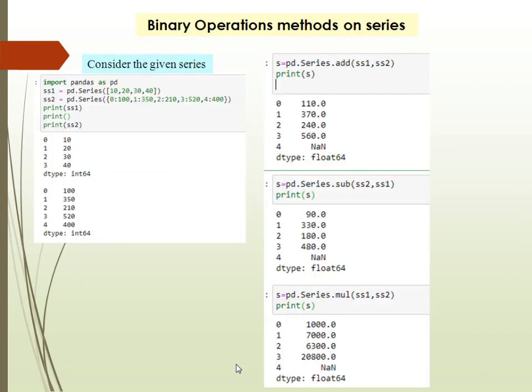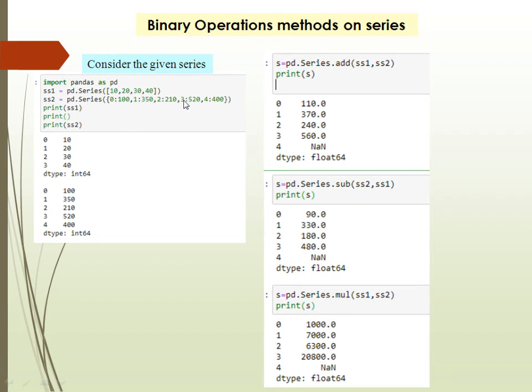Next is binary operation methods on series. Listen children, now we are going to learn about the methods, about the functions. Clear? So consider the given series. I have to consider the given series where I have written s1 equals pd.Series with given values.